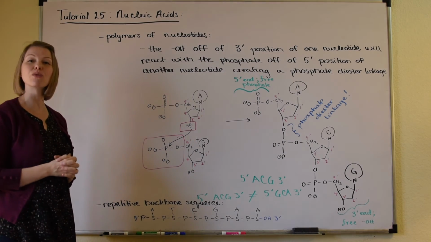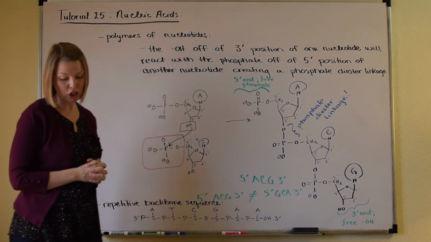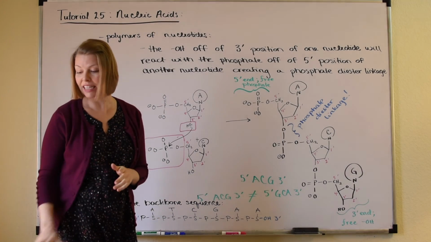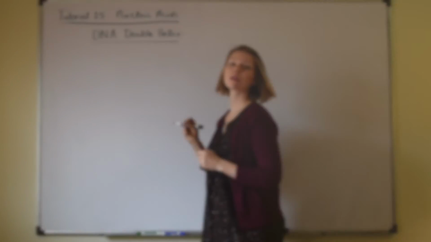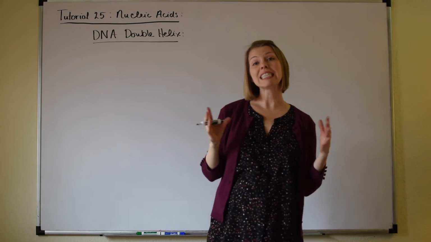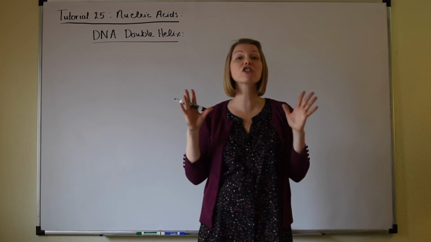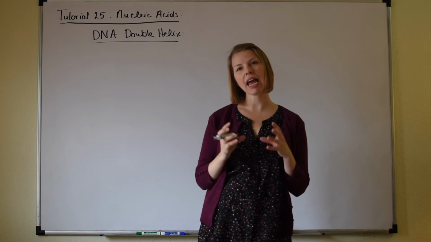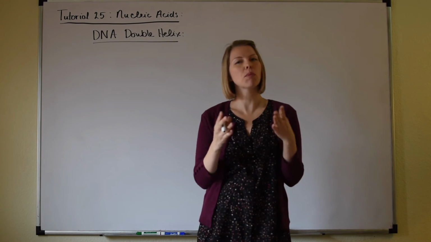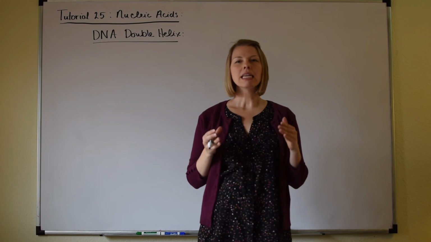So let's go ahead and erase, and we will go on to our final slide, slide 6, and talk about the DNA double helix. So we said earlier that DNA contains the entire genetic code for an organism, and it's contained in the nucleus of most cells.